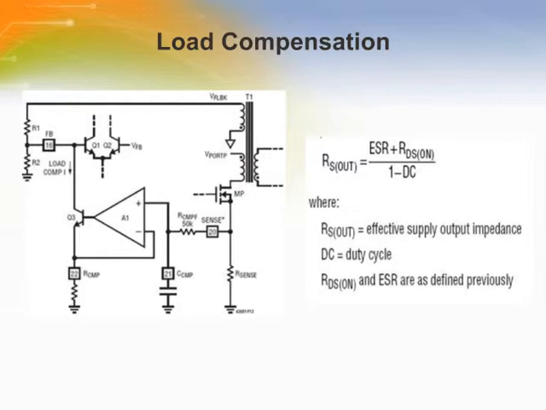This page shows the block diagram of the load compensation function. Switch current is converted to a voltage by the external sense resistor, averaged and low pass filtered by the internal 50K resistor, RCMPF, and the external capacitor on CCMP.